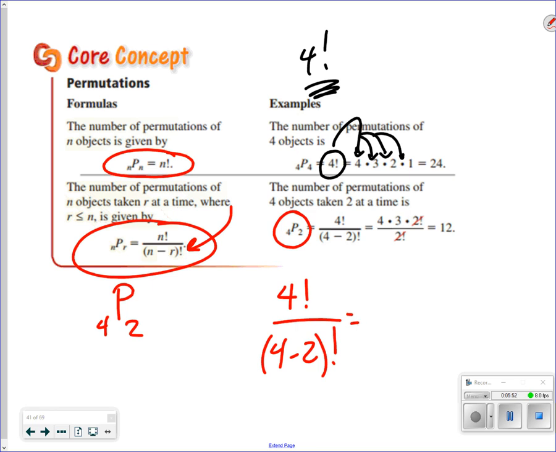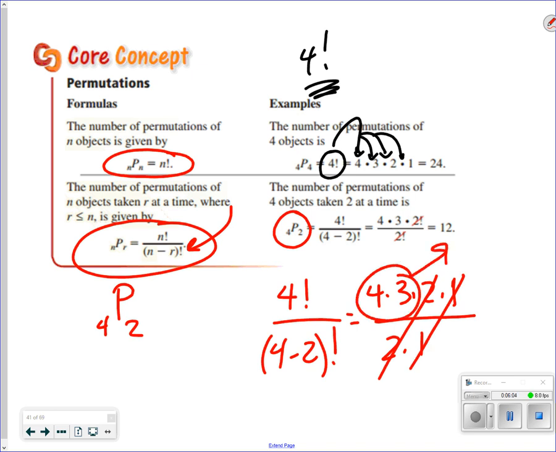And so what this is doing is taking 4 times 3 times 2 times 1 over 2 times 1. Now you technically don't need the 1. And so what ends up happening is these two cancel, leaving you with 4 times 3. But again, this can be done on your calculator. So let's go back to our graphing calculator and show you where that is.